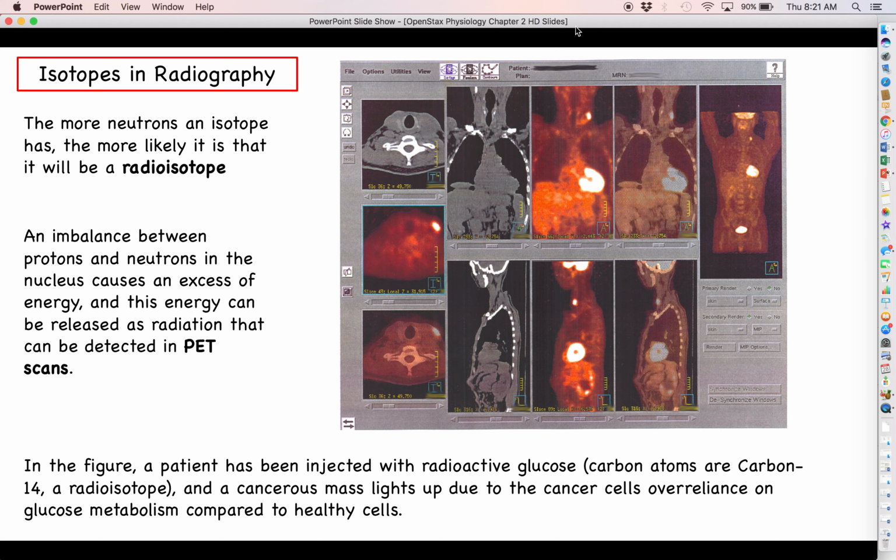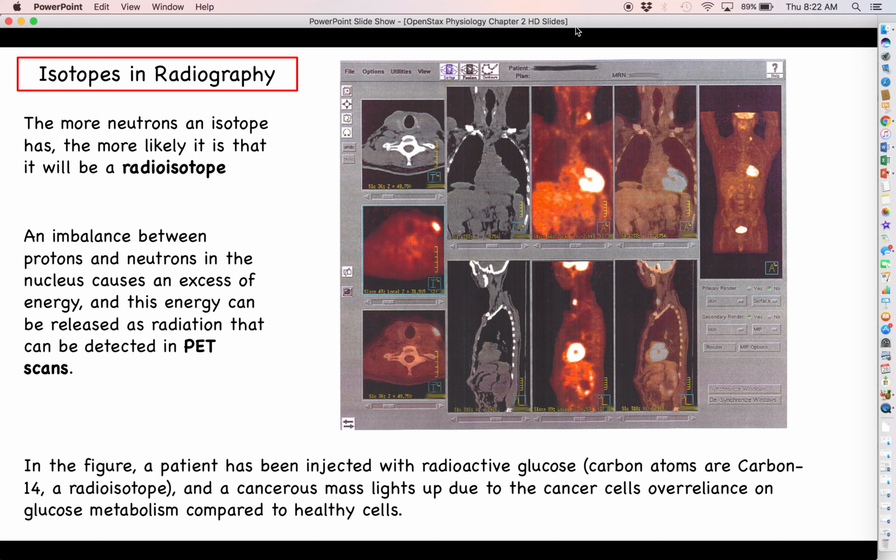We used this as an example last time, but in this picture that I showed back in chapter 1, we have a patient that has been injected with radioactive glucose, in which those carbon atoms are carbon-14. Most carbon in the known universe is carbon-12, something that is not radioactive. But because carbon-14 has 2 extra neutrons, it ends up being radioactive.